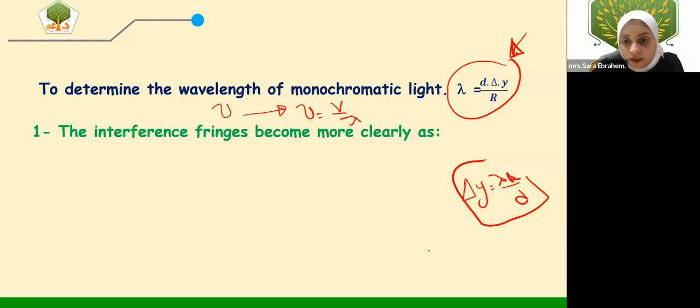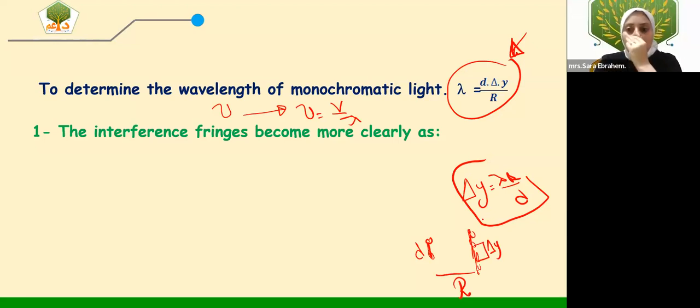Look, that's the two slits, the distance between them is D, and this is the screen of fringes. The distance between the screen and the slits is R, and delta Y is the distance between two successive fringes.